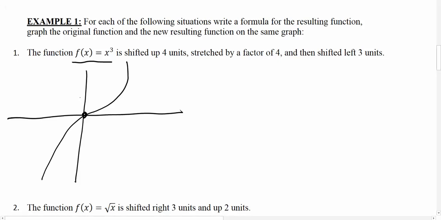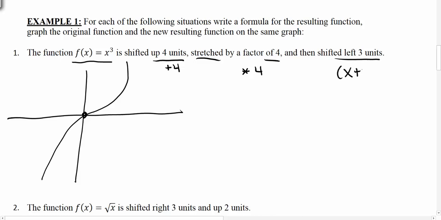Now what we want to do is shift it up 4 units. So if we're going up 4 units, we're going to add plus 4 to our function. We're going to stretch it by a factor of 4, so we're going to multiply our function by 4. And we're going to shift it left 3 units.